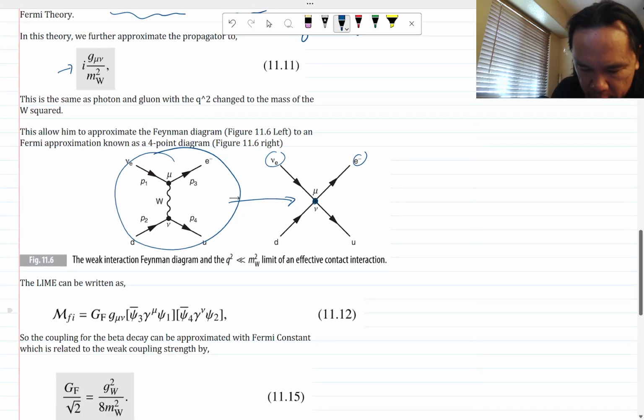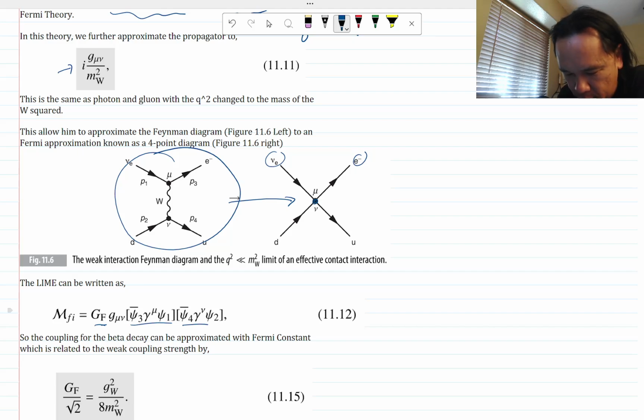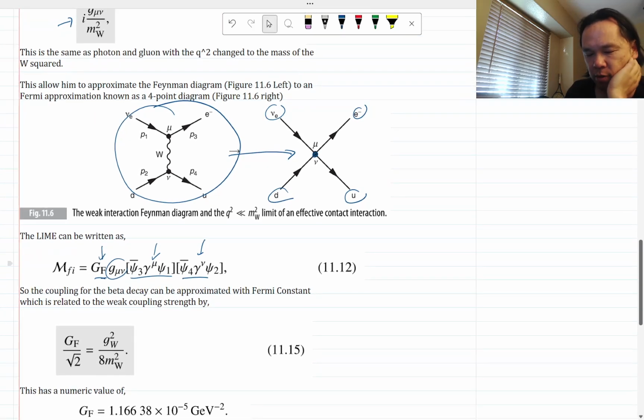Okay, in this case, the Lorentz invariant matrix element can be calculated simply, with this 4-point diagram, as just being proportional to these two currents, the up quark, down quark, and the neutrino currents, g mu nu. And Fermi decided, oh well, this is going to be proportional to some constant, and since it's Enrico Fermi, he's going to call it the Fermi constant.